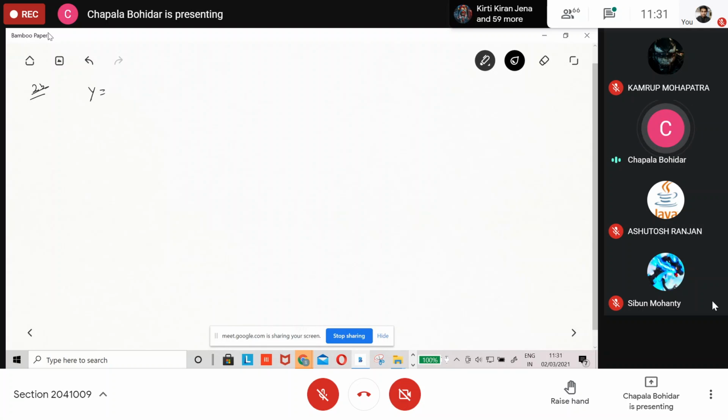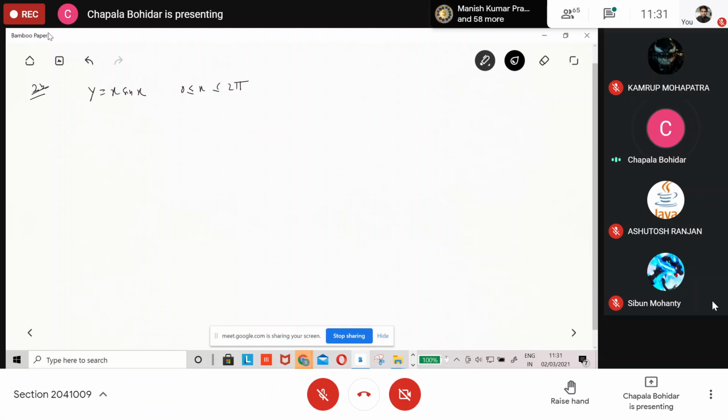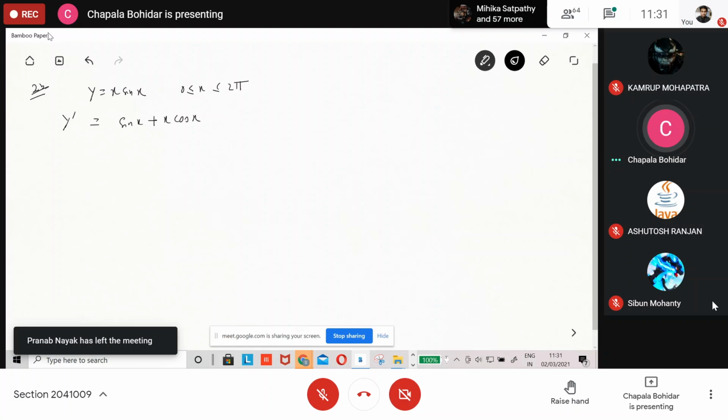y is equal to x sin x, with 0 less than or equal to x less than or equal to 2 pi. y dash is equal to sin x plus x cos x. Clear?